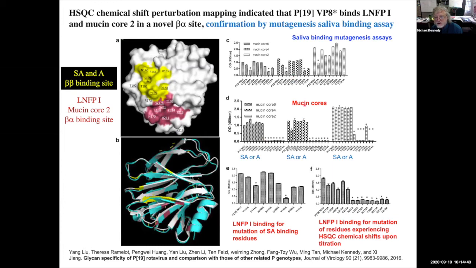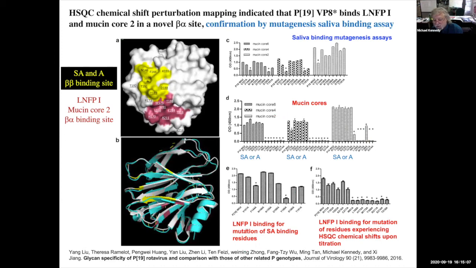So here, for the mucin core 2, which is shown over here, we can show that if we mutate the residues that were previously found to be involved in binding sialic acid or A-type histo-blood group antigens, there was no loss of binding. But if we knock out the residues we identified in our binding site, then we lose all binding. That was for the mucin core 2.